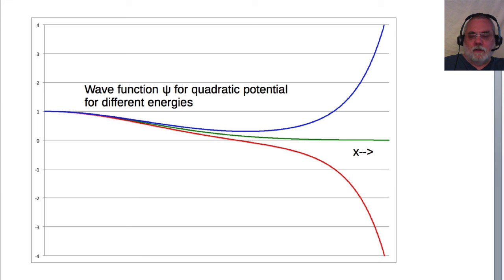It has the wave function tending to 0 at x equals plus infinity, as it must to be a valid physical solution. But the blue curve has lower energy than the green curve, less curvature toward the axis.